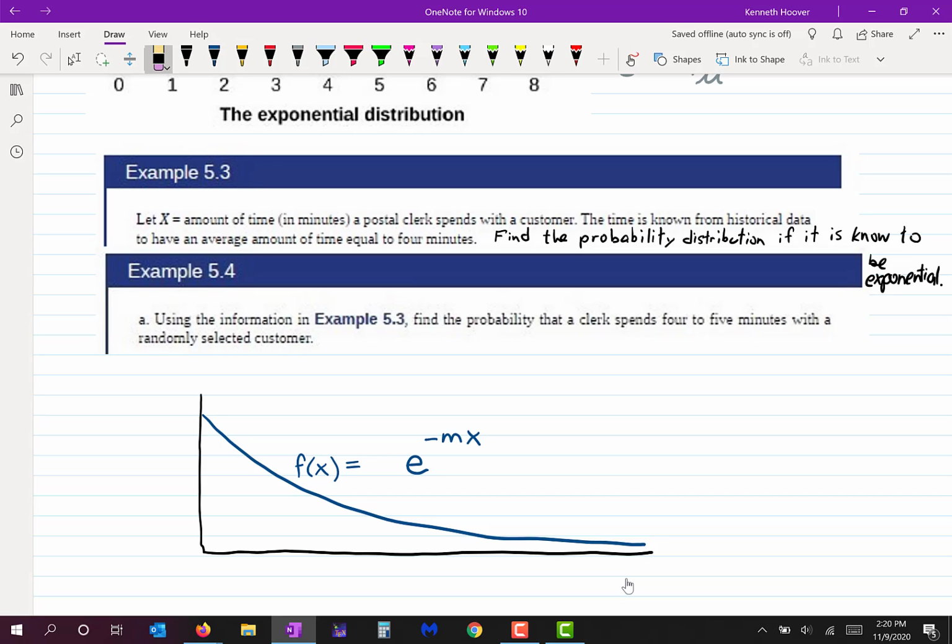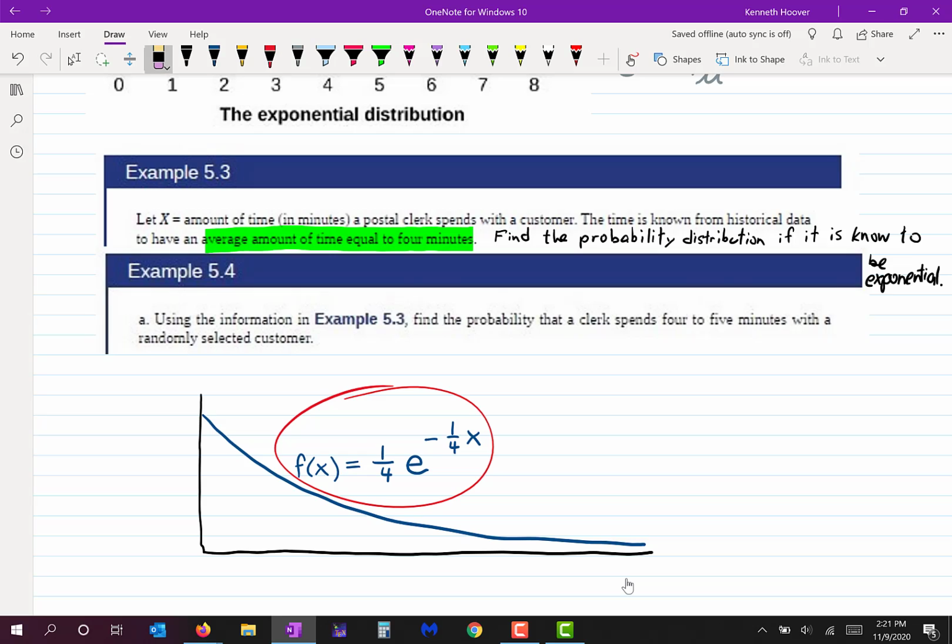Let's go ahead and put that here then. And look in the question, they tell us mu. It says the average amount of time is equal to 4 minutes. So mu is 4. So there's our probability distribution right there.